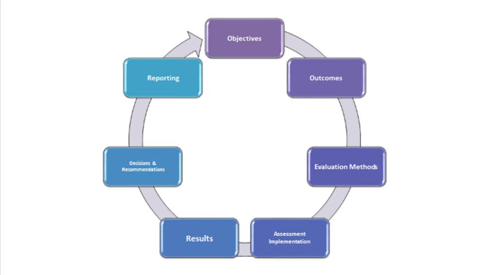That person can't be the end-all be-all of assessment practice for that division. It has to be collaborative across departments, and there has to be collaboration within each individual department. And so there's a cyclical nature and a systematic nature to assessment.